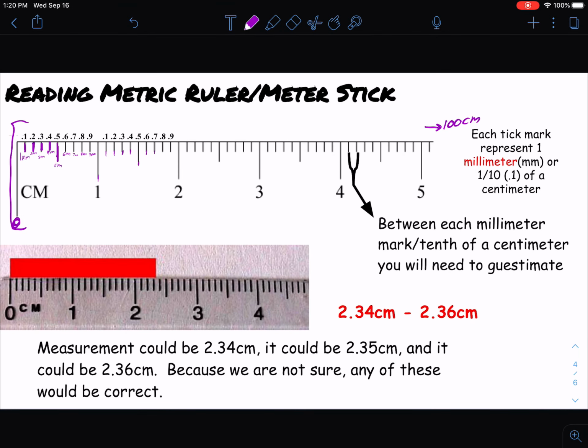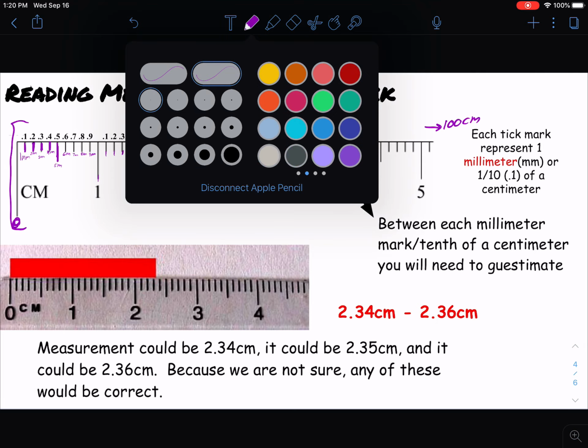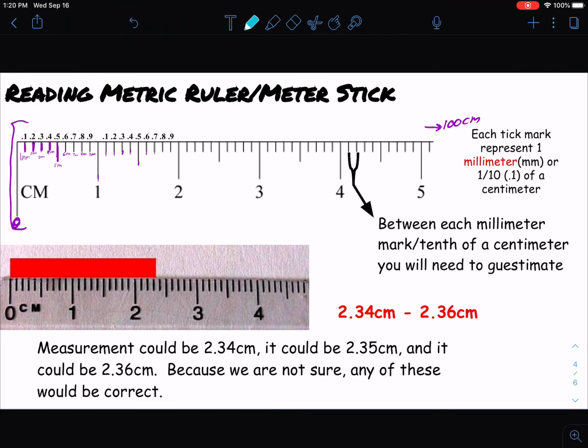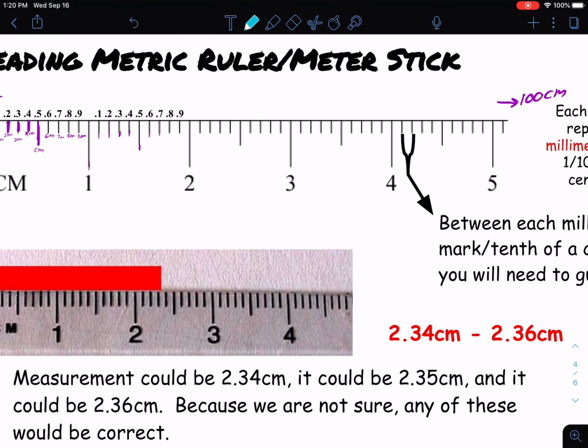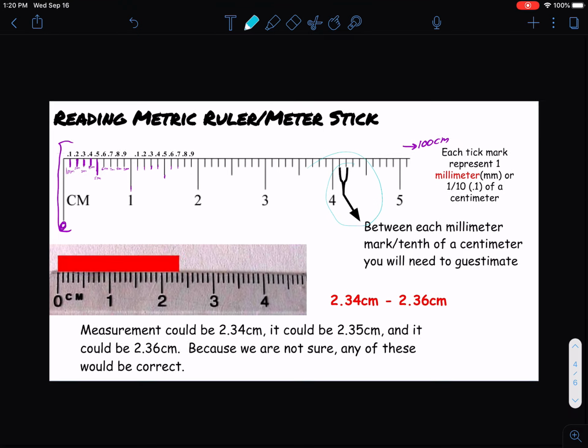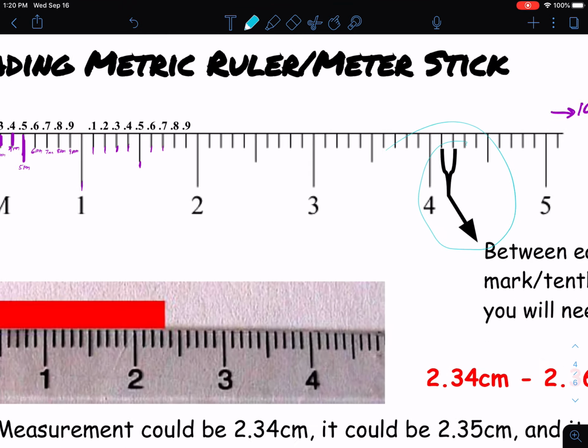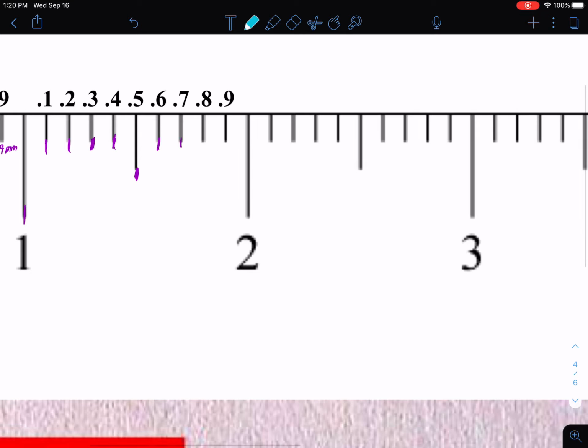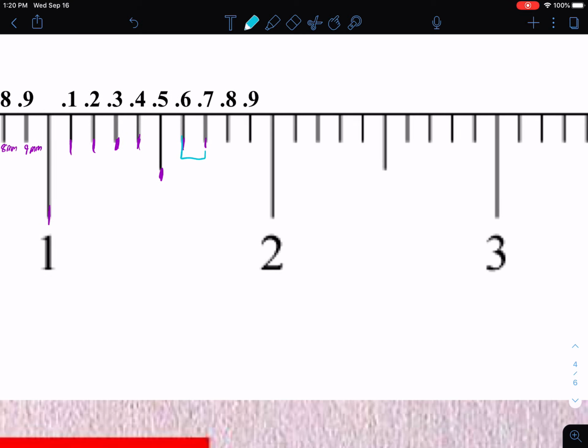Now here's the tricky part about reading these, is when we're looking, and I have it right down here, but I'm going to zoom in right here, when we look at this piece right here, this is where it gets tricky.